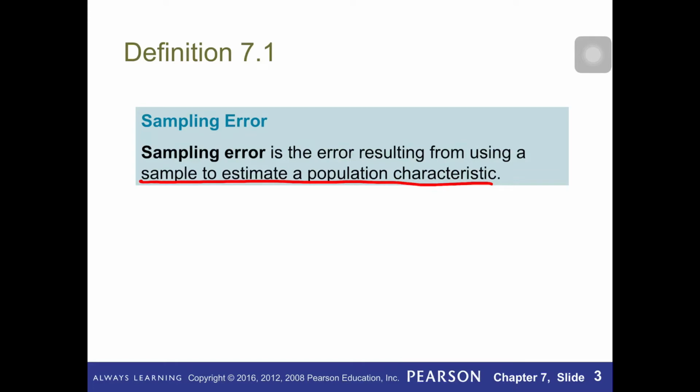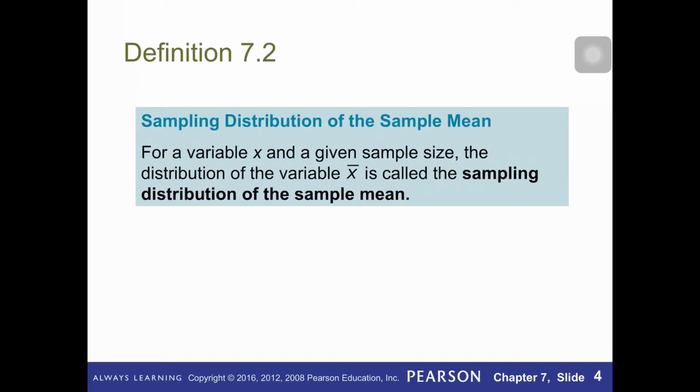Because of that, we will have this sampling error. The sampling distribution of the sample mean, for a variable x and a given sample size n, is the distribution of the variable x bar.